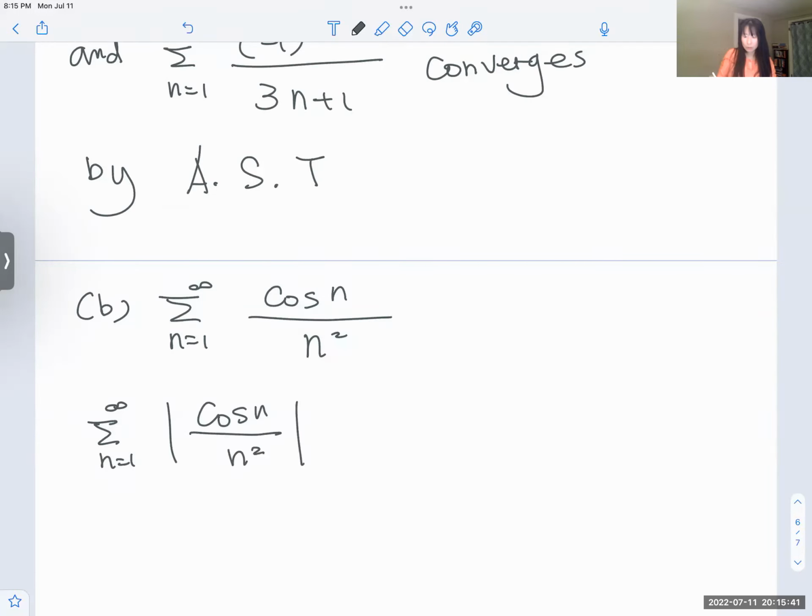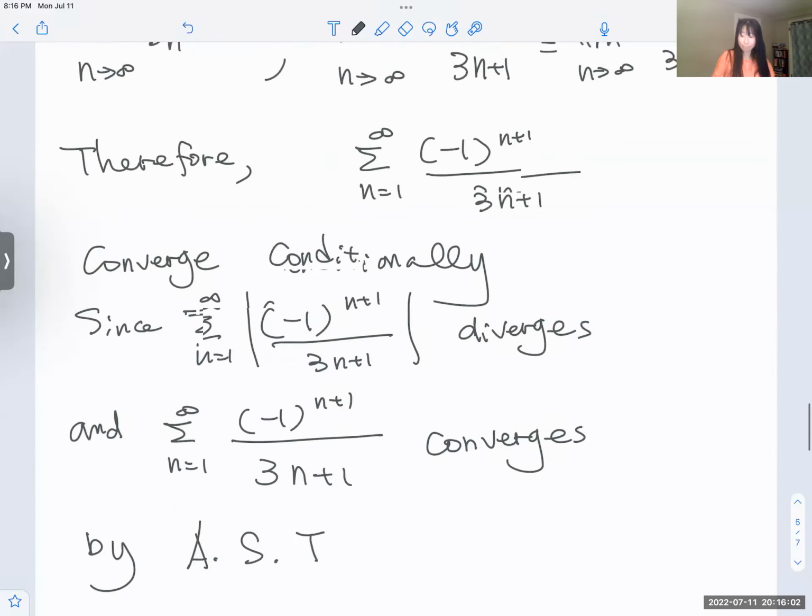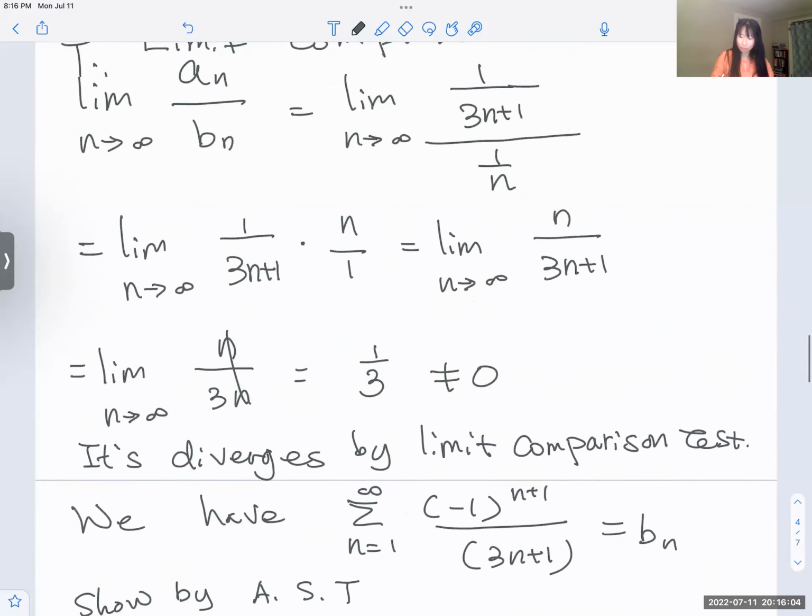We take the absolute value, then what can we compare this to? Is it a geometric series? Hmm, looks like that.